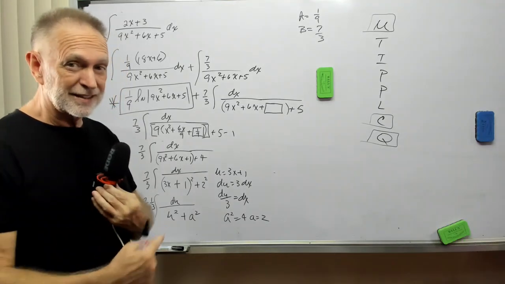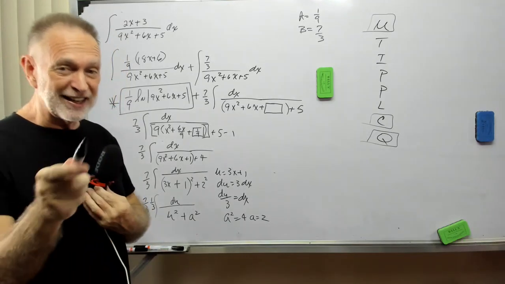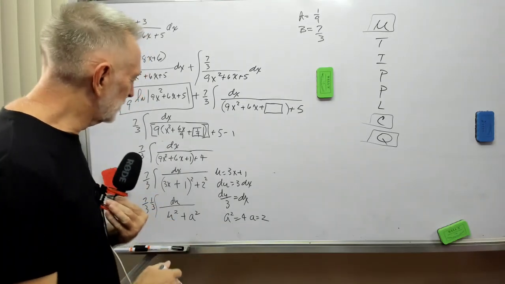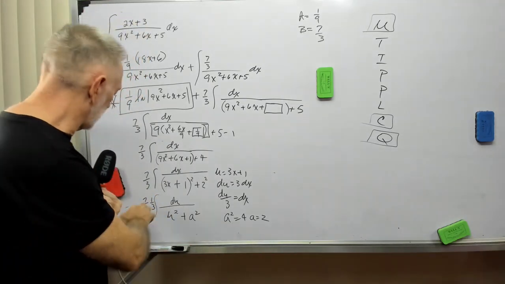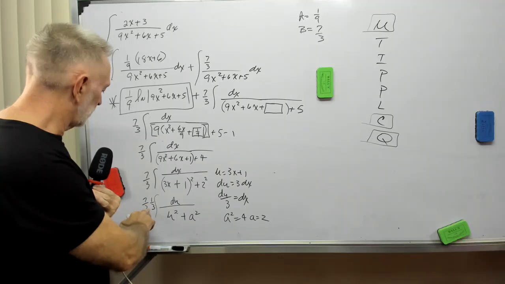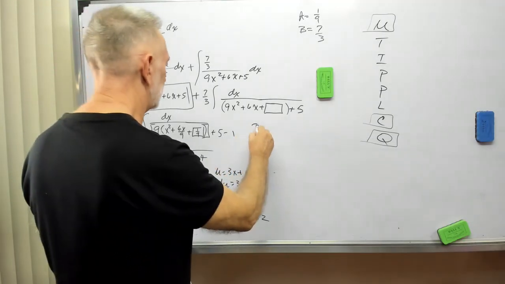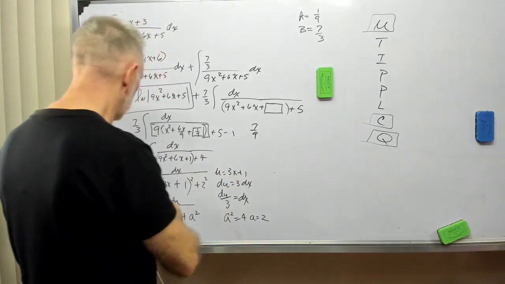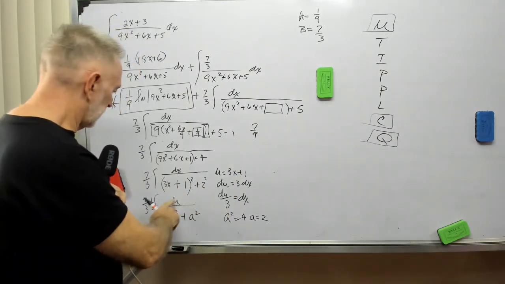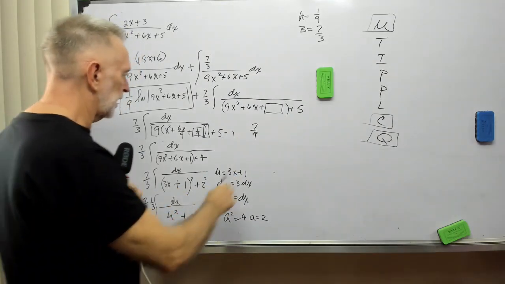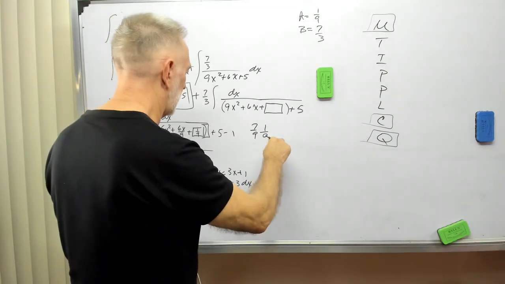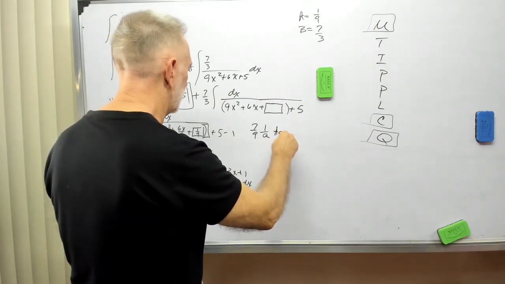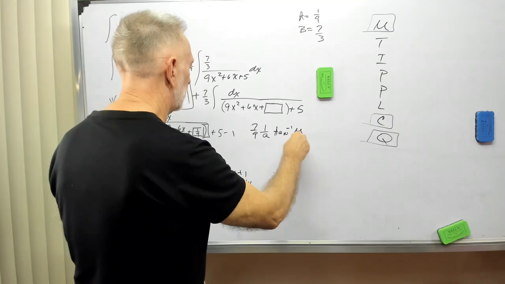It's at this exact point where your teacher is probably going to say, you should recognize 7 times 1 is 7, 3 times 3 is 9, so that's 7/9. And the integral of du over u squared plus a squared is 1 over a tangent inverse u over a.